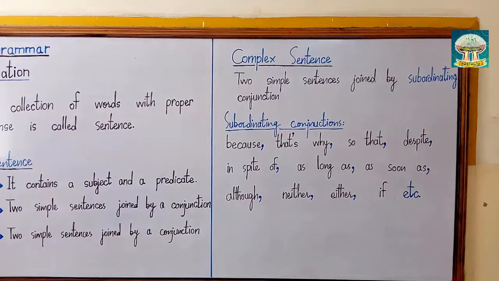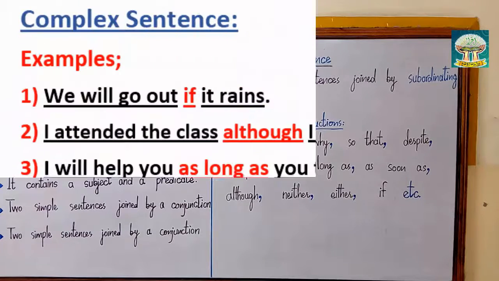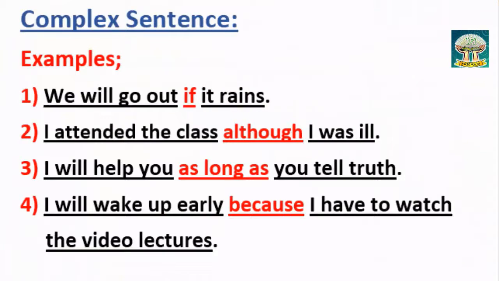Let's take a look at the examples of complex sentences. Example number 1. We will go out if it rains. You can see there are two simple sentences, we will go out and it rains, joined by the conjunction if. Example number 2. I attended the class although I was ill. Again, two simple sentences joined by a subordinating conjunction, although.